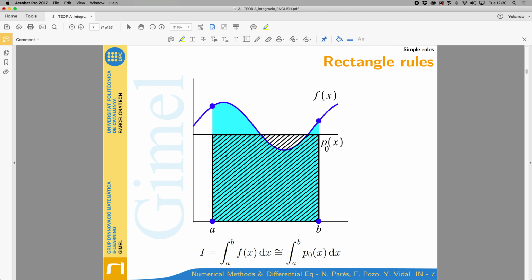And the area will be approximated by this shaded area here with lines. Of course, this is not a very good approximation because this is the simple rule, as I said, but we will see how we can improve this using, in the next lecture, composite rules.